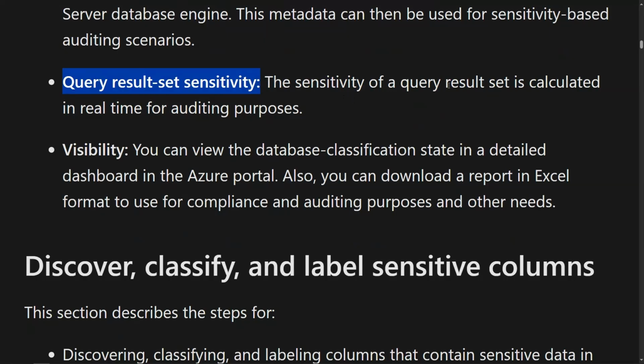The sensitivity of the query result set is calculated in real time for auditing purposes. And for visibility, you can view the database classification state in a detailed dashboard in the Azure portal. But it doesn't offer what we are looking for, where we want to restrict non-administrative users from reading sensitive data. Let's go back to the question.